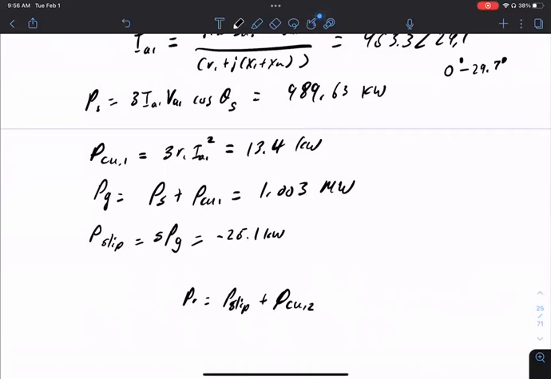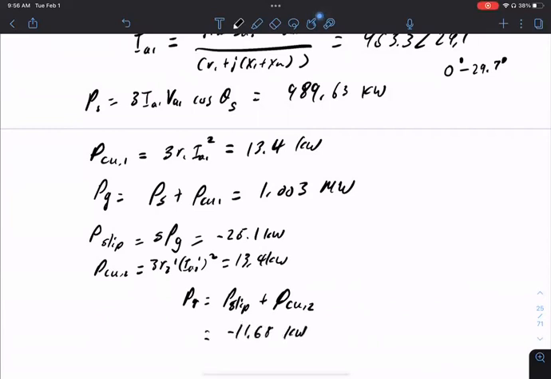PCU2 is 3R2 prime IA2 prime squared, which also comes out to be 13.4 kilowatts. When we add these two together, you get minus 11.68 kilowatts.